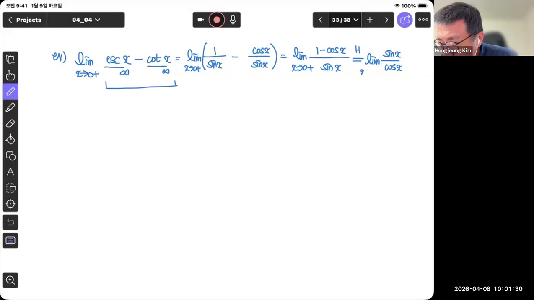And as x approaches 0, the sine function converges to 0, while cosine converges to 1. So the limit is 0. Okay. So that's how we consider an infinity minus infinity type problem.